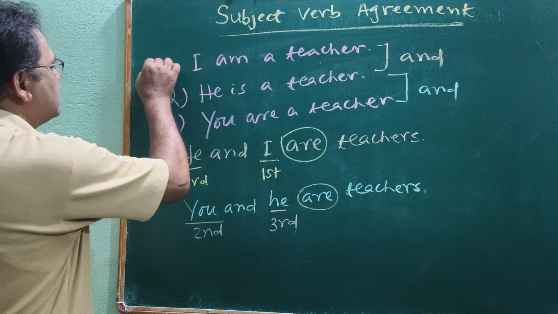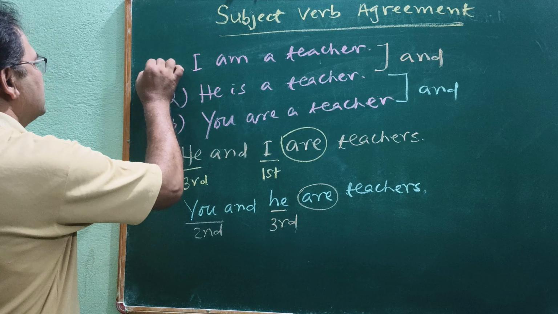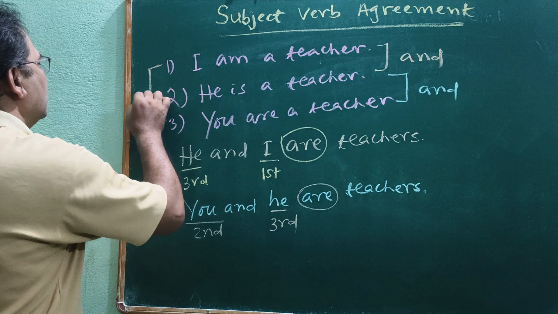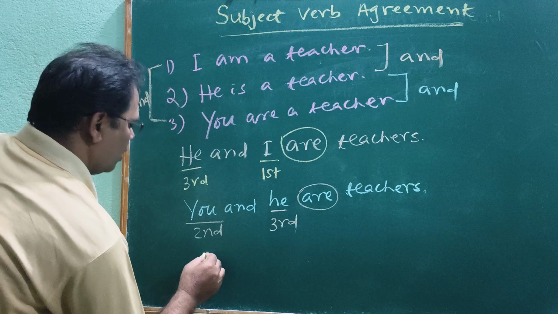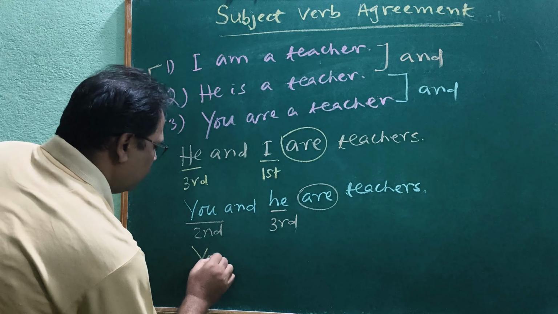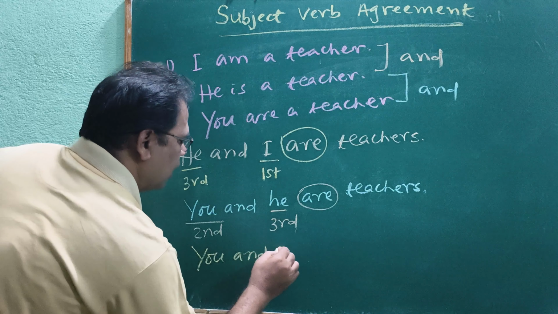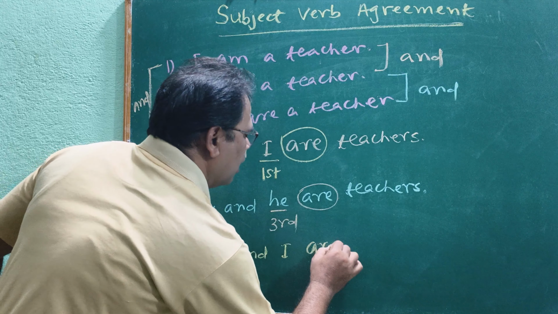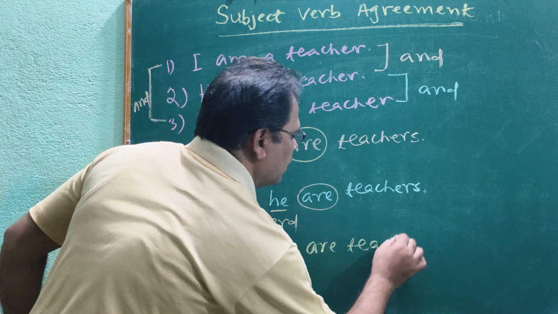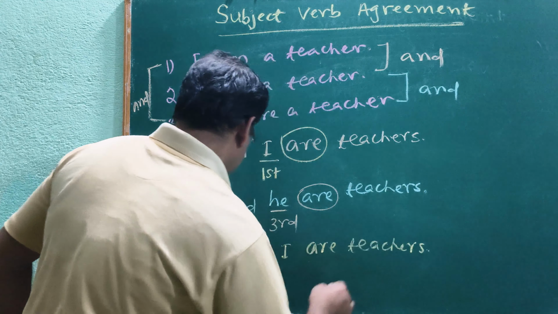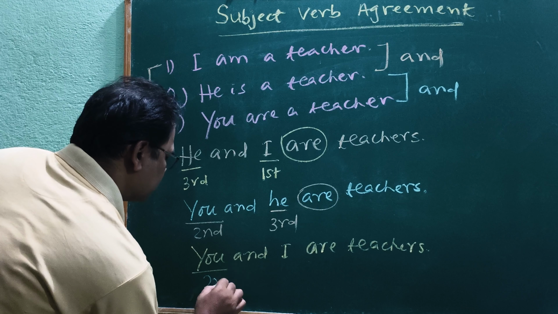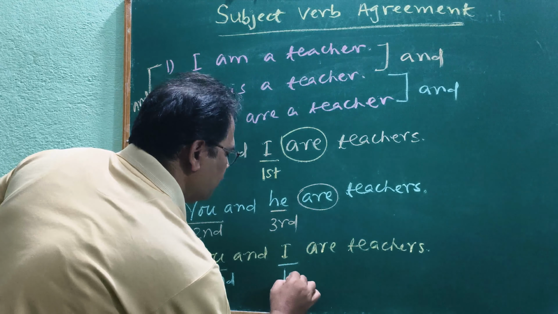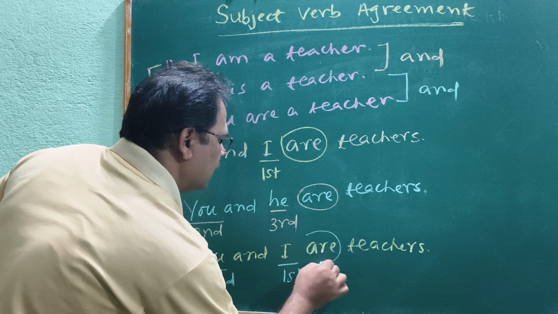If I connect the first sentence and third sentence with "and", what will it be? It will be you and I are teachers. See, you is the second person, I is the first person, and the verb is "are".